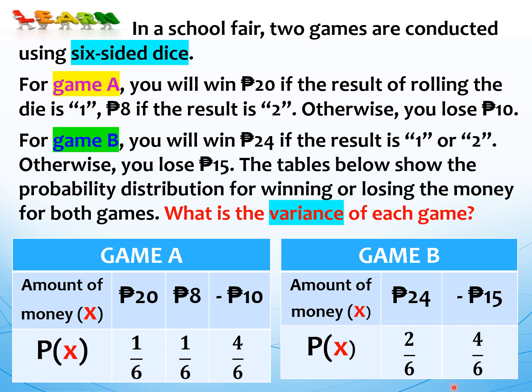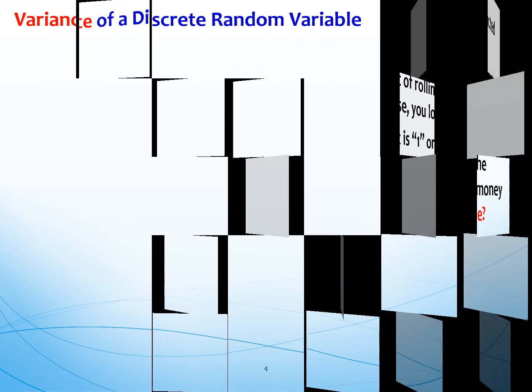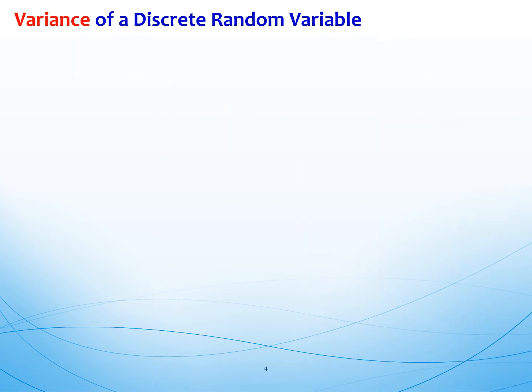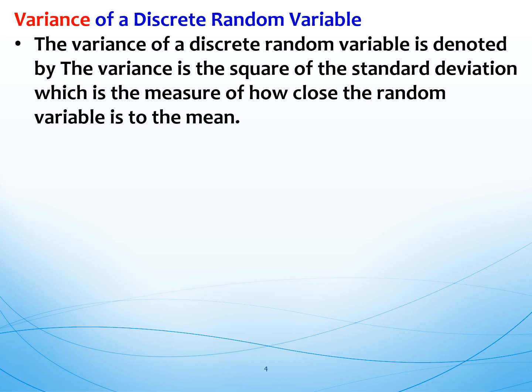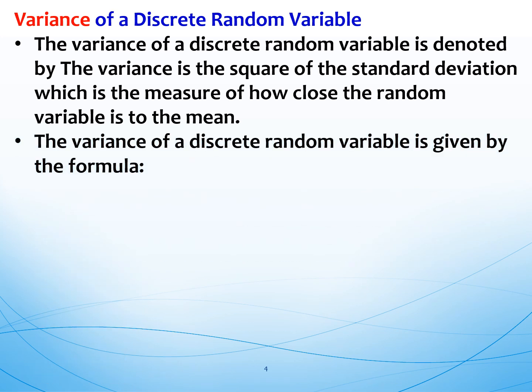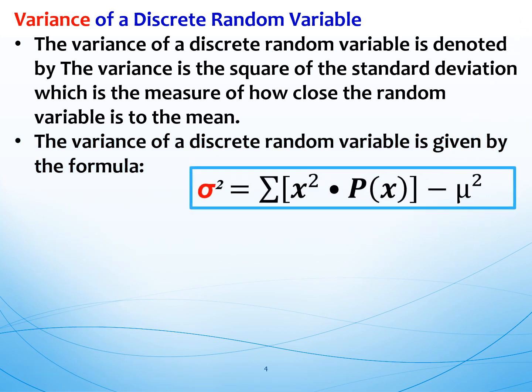So these are the data. There's the probability, and these are the x values. So we will use these principles. How to calculate the variance? The following formula must be used.